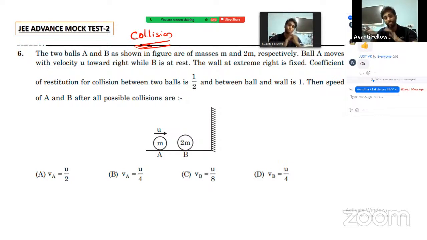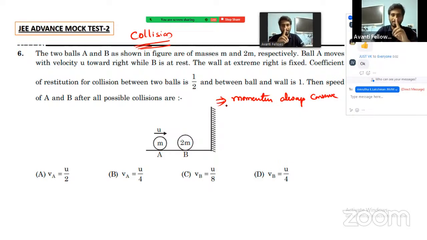In both collisions, momentum is conserved. Momentum is always conserved. Guys, read this concept, you will definitely get a question in advance on conservation of momentum in the collision part.